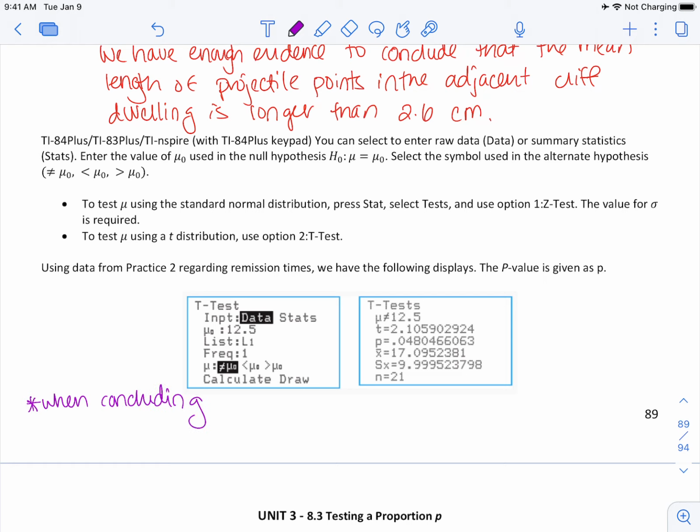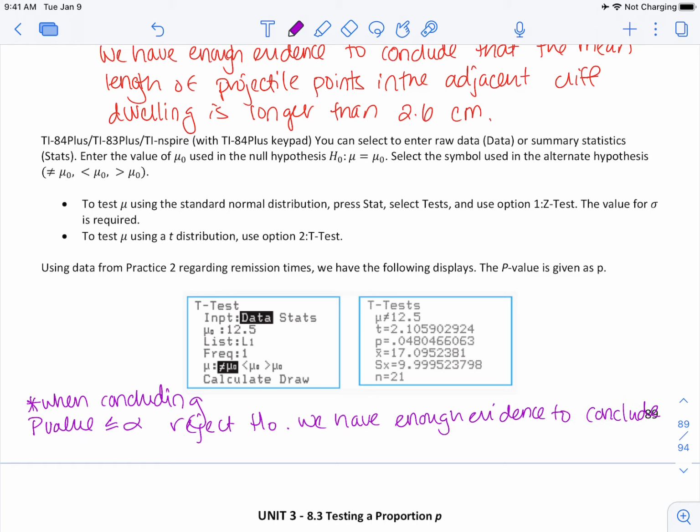So when you're concluding, if your p-value is less than or equal to alpha, then you reject the null hypothesis, and then you say we have enough evidence to conclude your H1, which is your alternate hypothesis. If your p-value is greater than alpha, then you fail to reject the null hypothesis.